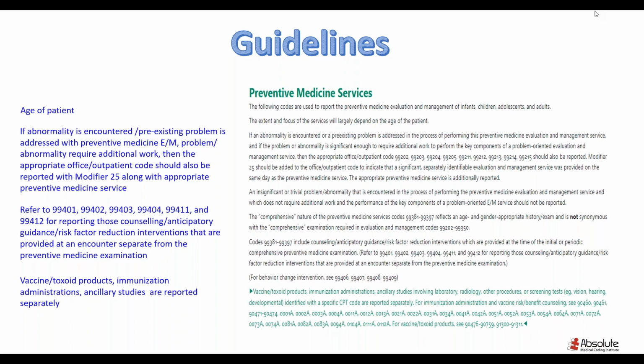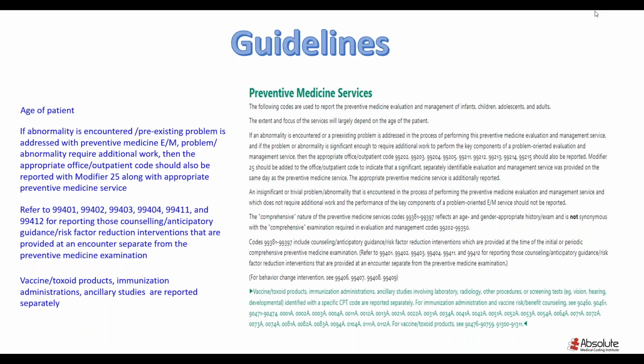The following codes are used to report the preventive medicine evaluation and management of infants, children, adolescents, and adults. The extent and focus of these services will largely depend upon the age of the patient. So age is an important factor while selecting the preventive medicine services.